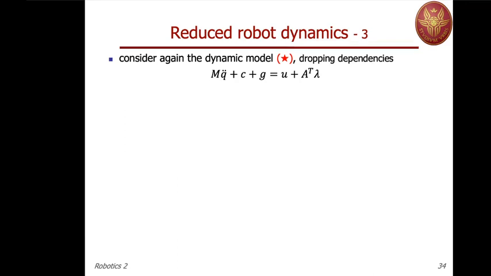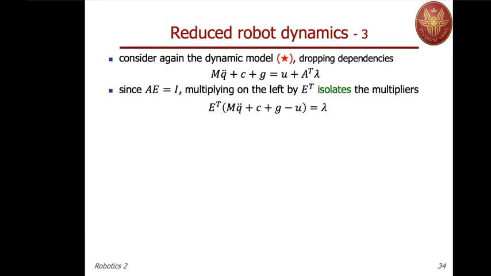And here we have the same situation as before. Now we can massage this equation in different ways. For instance, we can pre-multiply to the left both sides of this equation by E transpose.